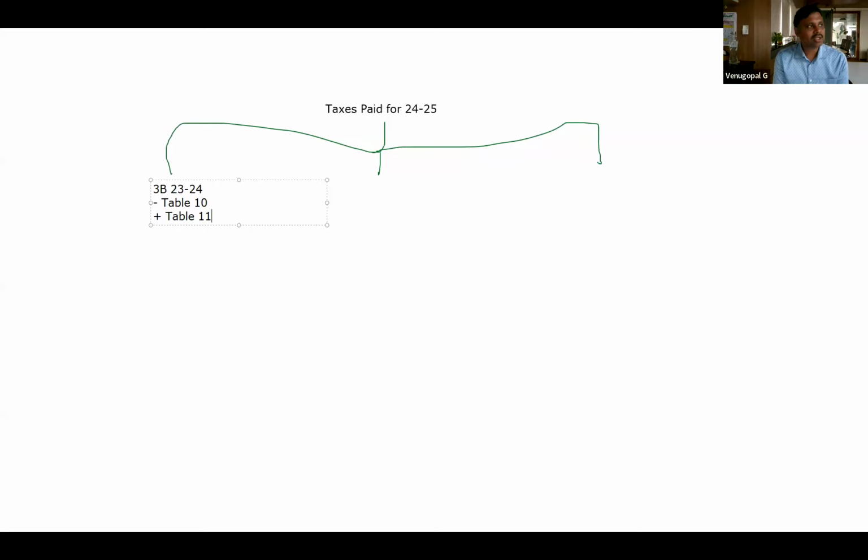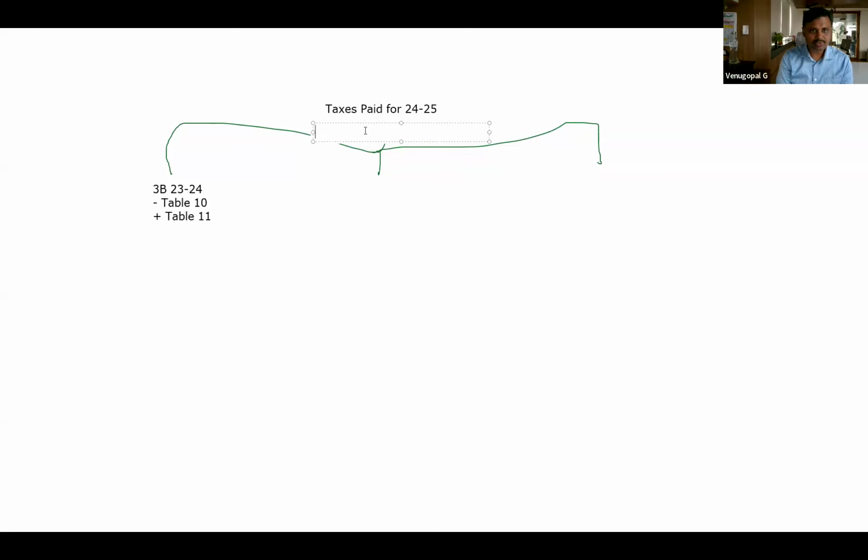Or last year only I am saying that 23-24 I have paid in 24-25 3B. So to the 3B value, we are saying the taxes paid basis to 3B.